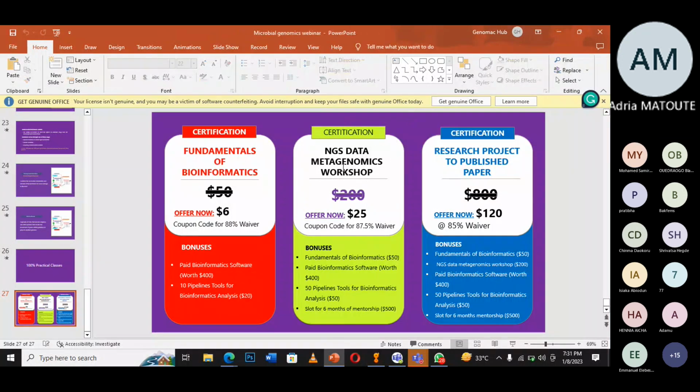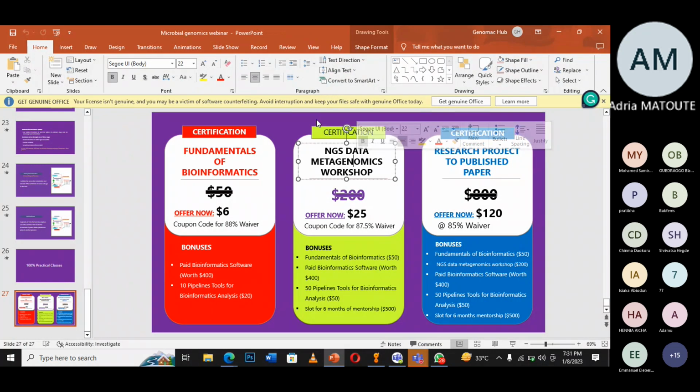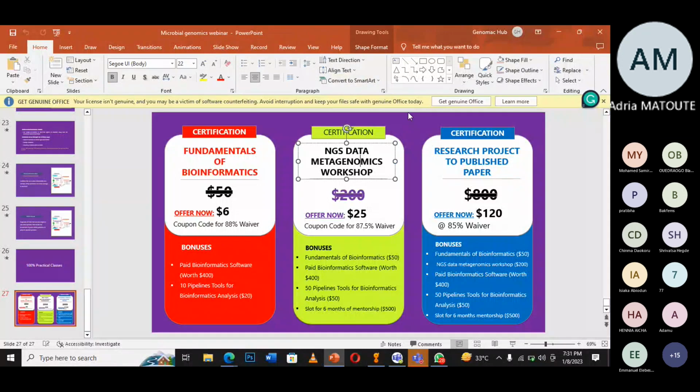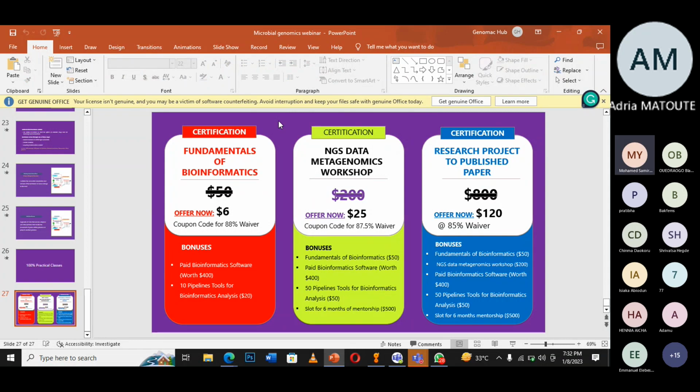Okay, is it for the package I'm going to show you, or for the metagenomics? Do you also want to study metagenomics? Do you want to learn metagenomics analysis as well? Yeah. Okay, because you need it.